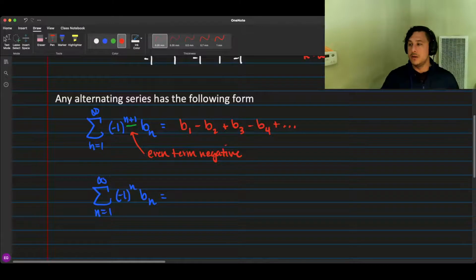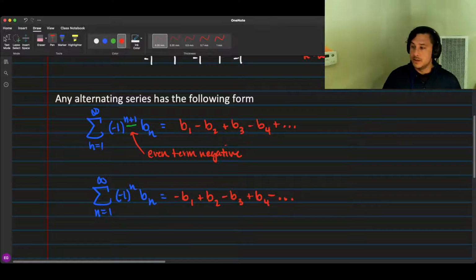Because now, when you plug in n equals 1, you get (-1) to the first, and that will give you a minus b_1, and then a plus b_2, and then a minus b_3, plus b_4, minus... Notice, having the power of n here means now that the odd terms are negative.